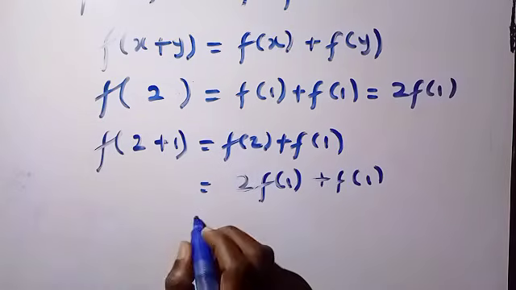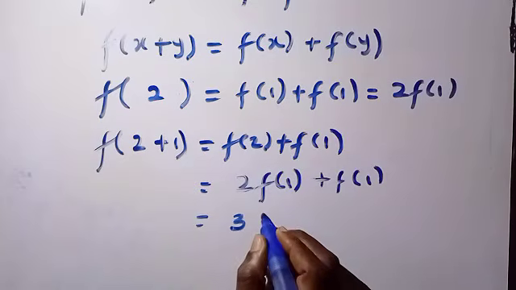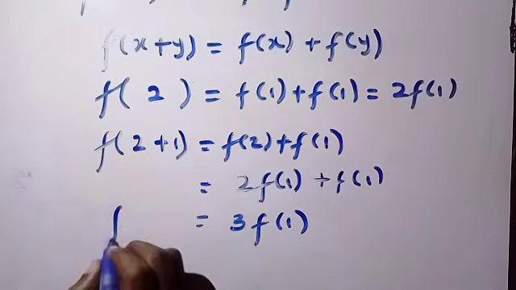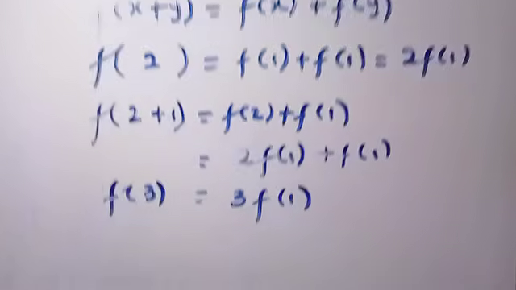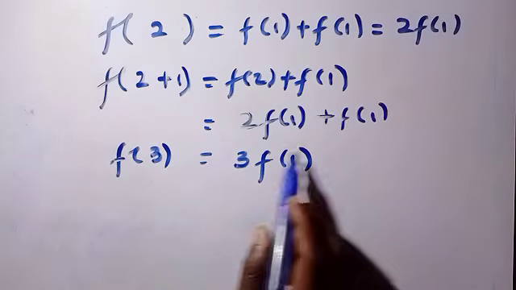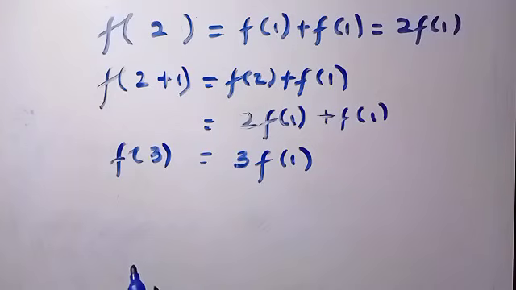And the whole of this gives us 3 f of 1. So this is f of 3, which means that every function here primarily depends on f of 1. But we need to know what is f of 3, but we don't know f of 1 yet.